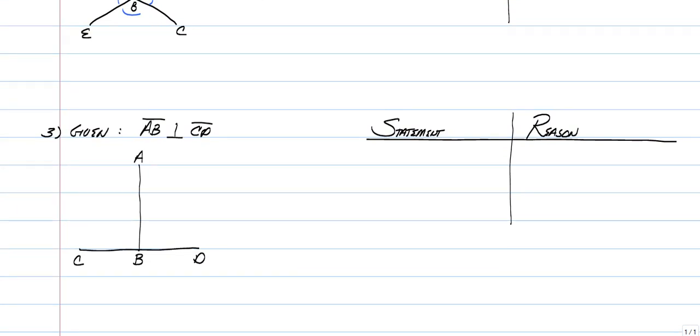The last example is going to require a couple of steps. I know what a lot of people are just going to want to jump to, but it is given that AB is perpendicular to CD. That's given. Now you might want to jump to angle ABC is congruent to angle ABD.